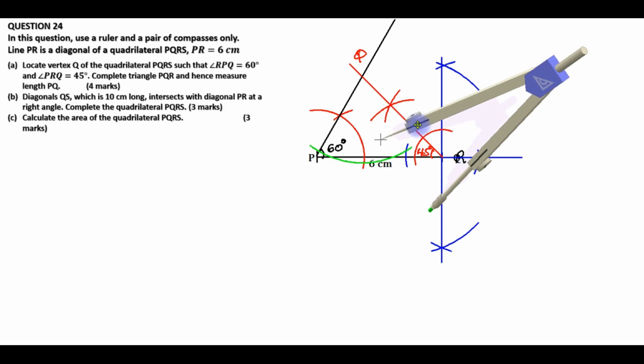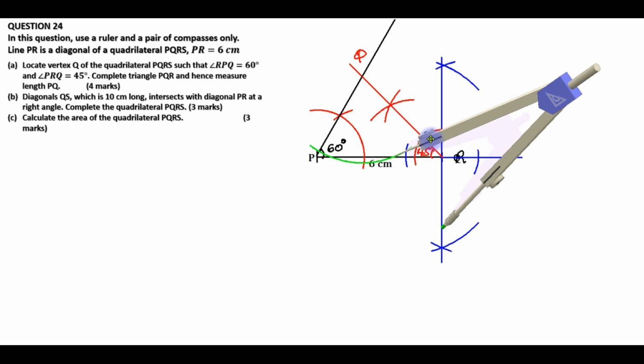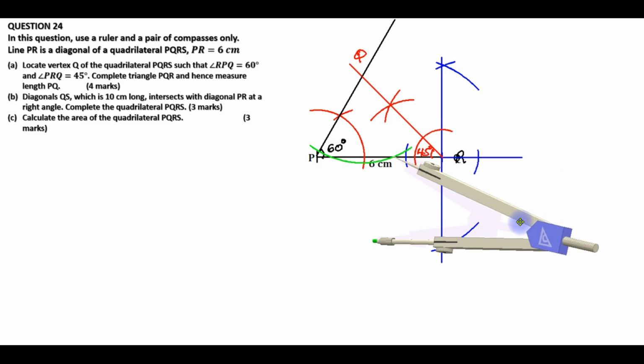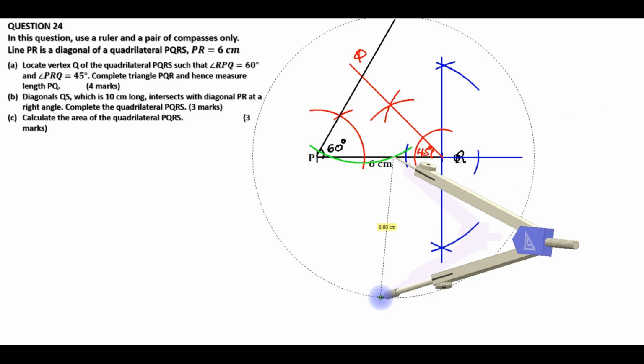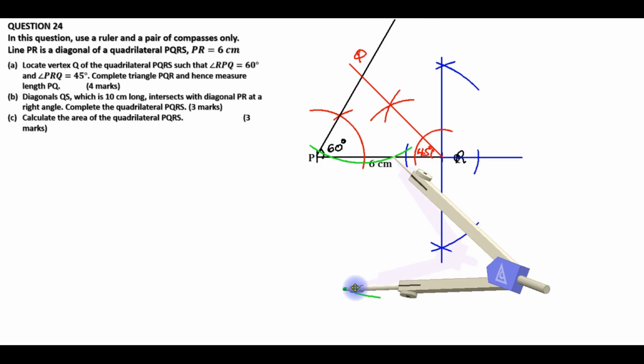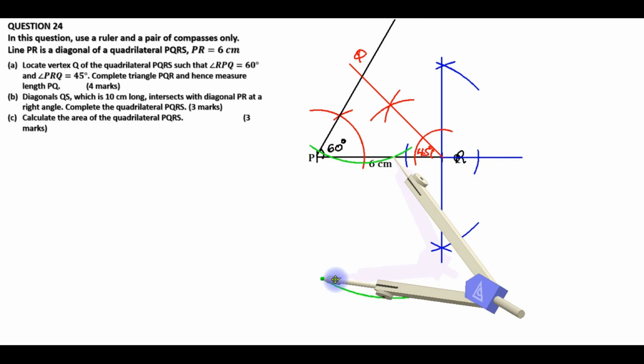Then after that, I put an arc down there. I can still try to maintain the same radius, or I just adjust it. There's no problem. So using this as the center, I draw an arc there.